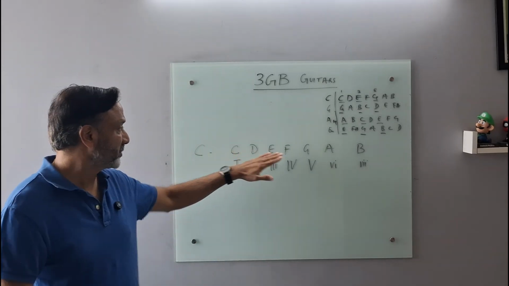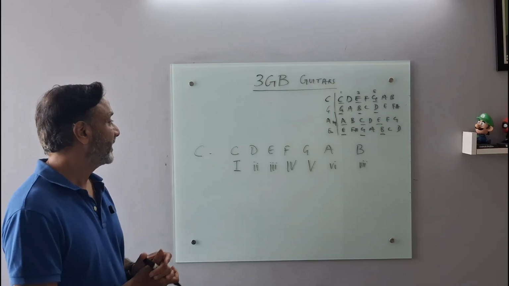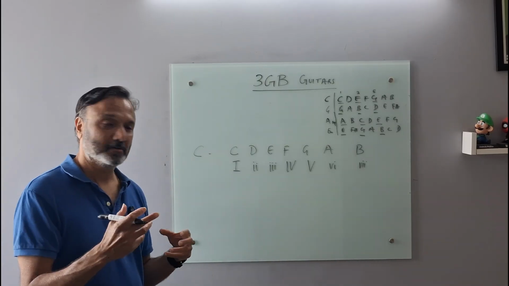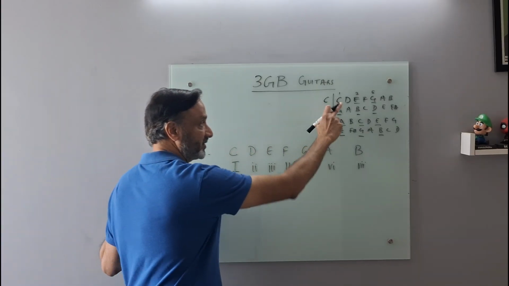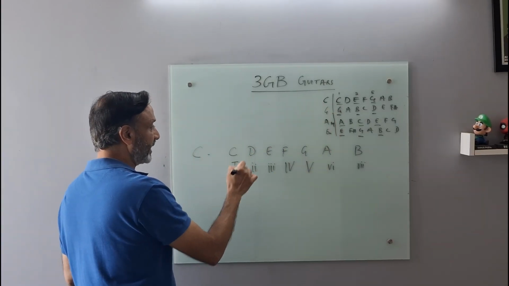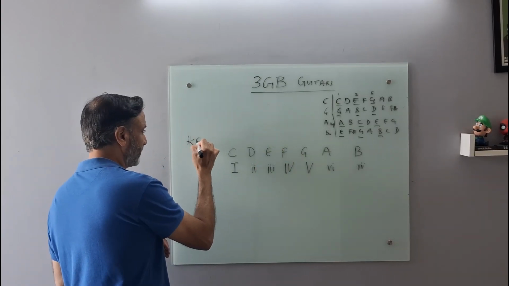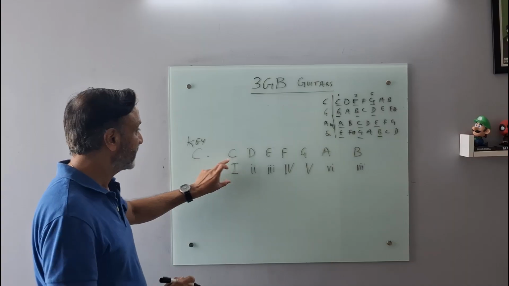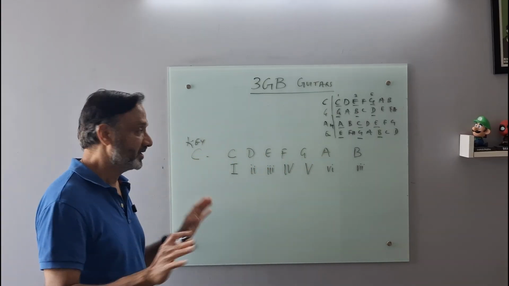Okay. Once you do this for all the notes in the scale, there are different combinations of these chords. Okay, while we have written the notes in the C major scale, now we are going to identify the chords that belong to the key of C.